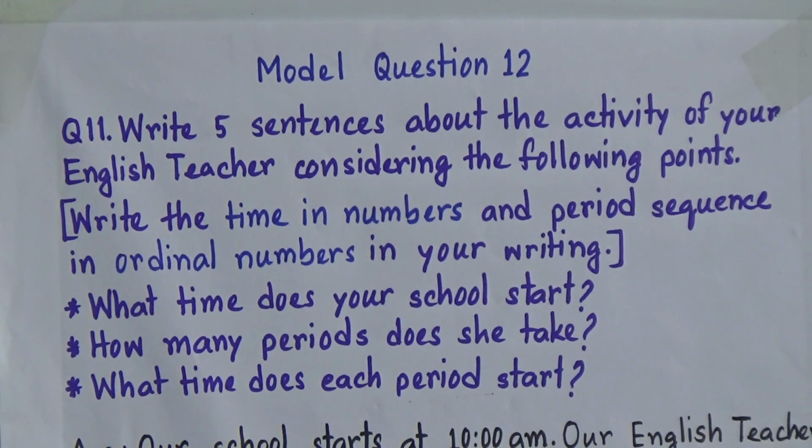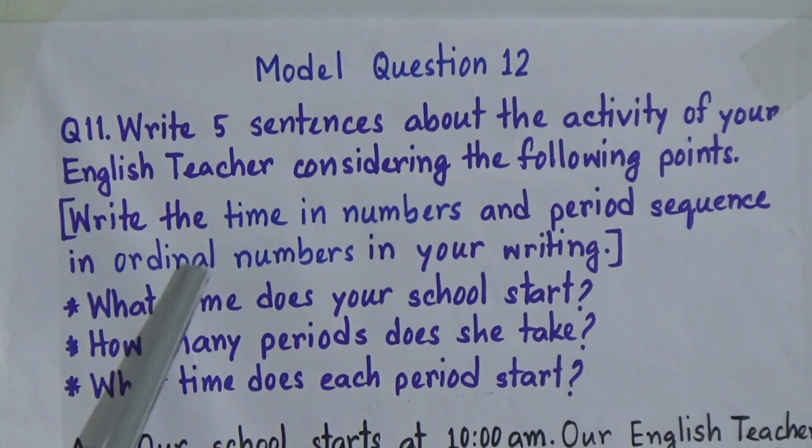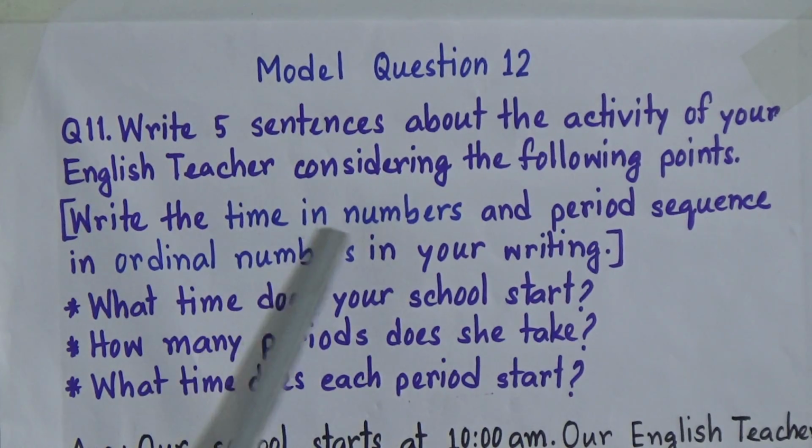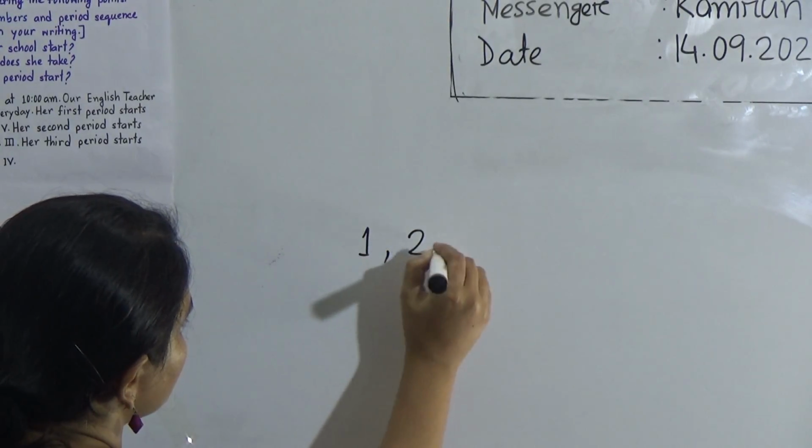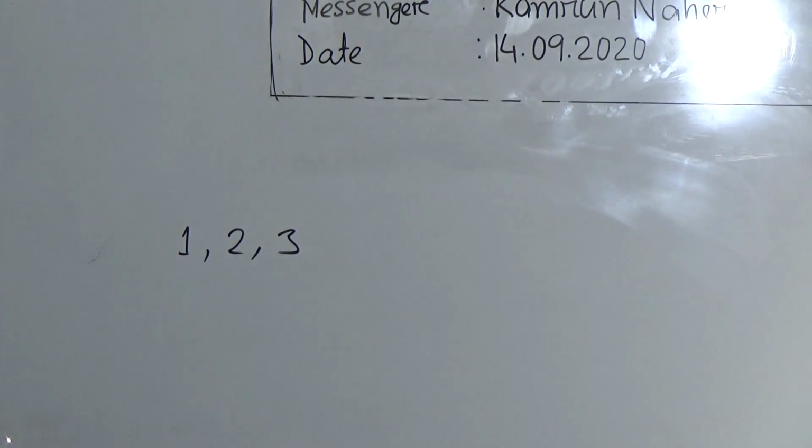Now look, before writing the answer, you need to know about the ordinal numbers, and you will write time in numbers. So, how will you write the time? Like 1, 2, 3, just like this.